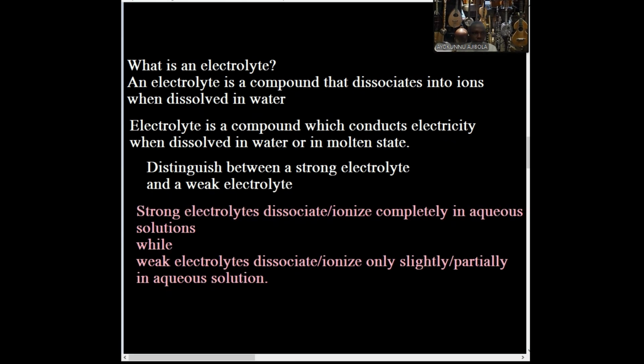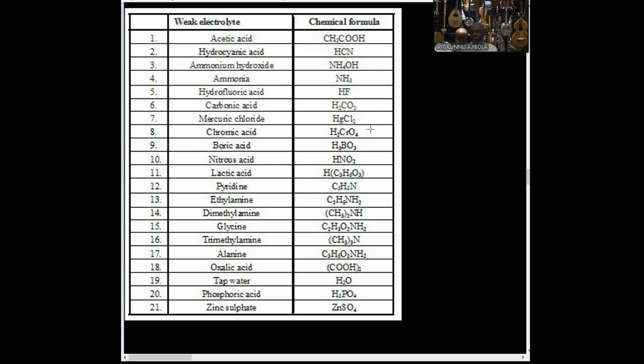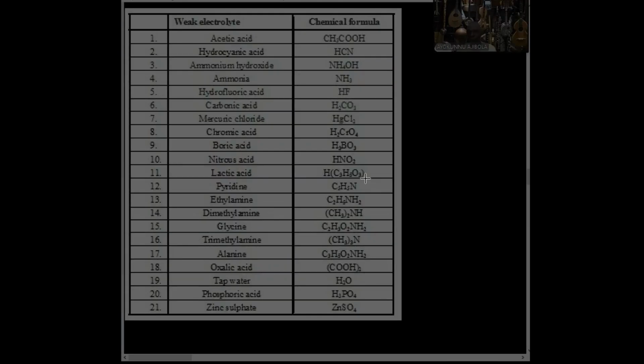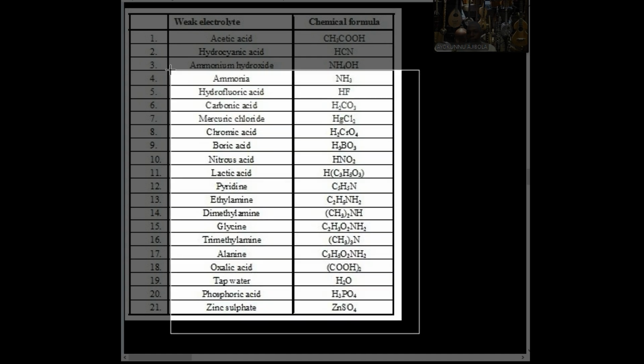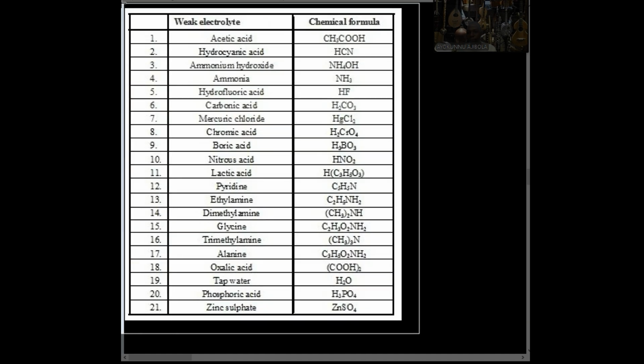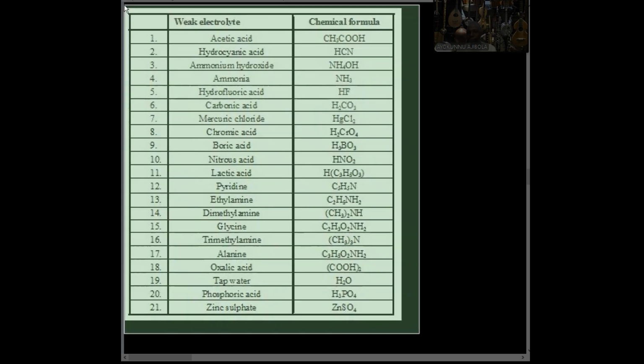So we can have a list of weak electrolytes and strong electrolytes. Let me check this. You can't see this, but let me try and make it a little bit bigger. So this list consists of weak electrolytes, okay?